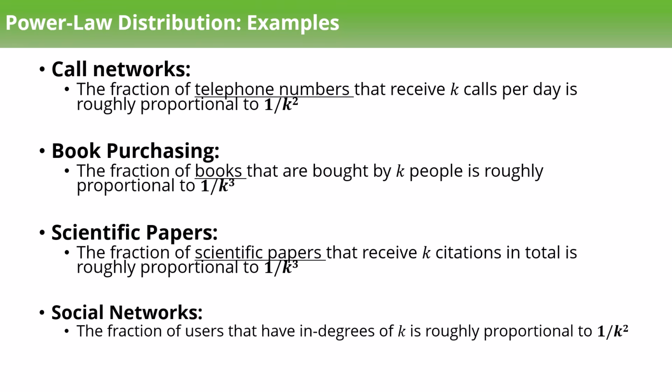So, power law degree distribution examples. In cell phone networks, the fraction of telephone numbers receiving k calls per day is approximately proportional to a power law. Most numbers receive few calls, while a few receive many calls. Then book purchasing and citations: the fraction of papers receiving k citations also follows this approximately.